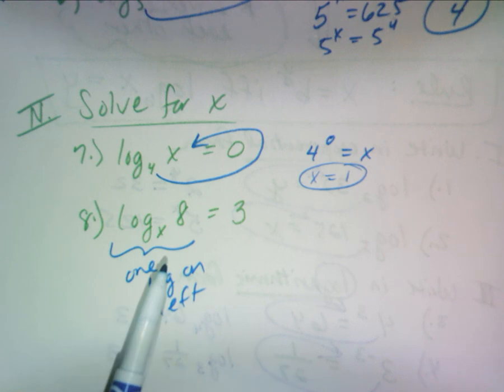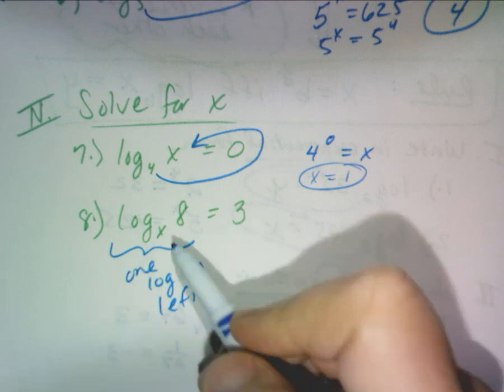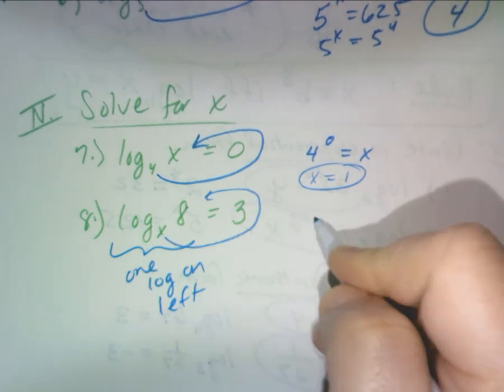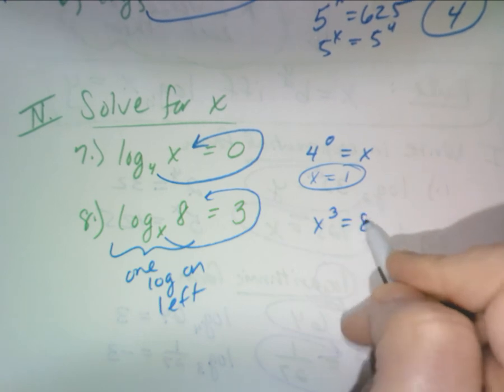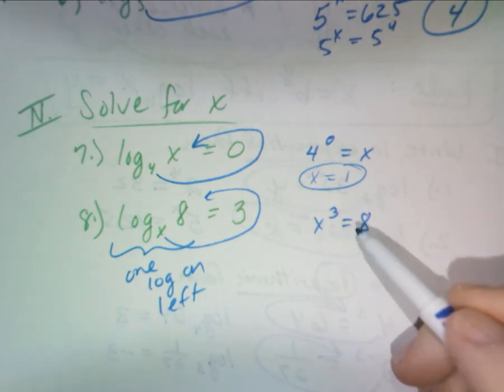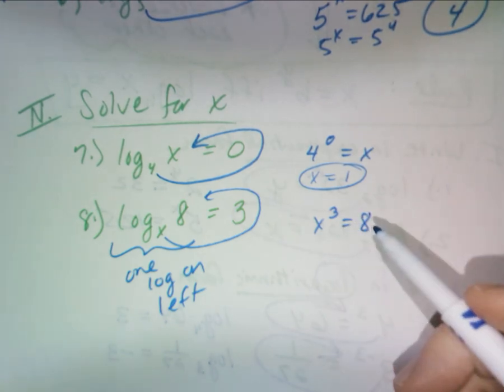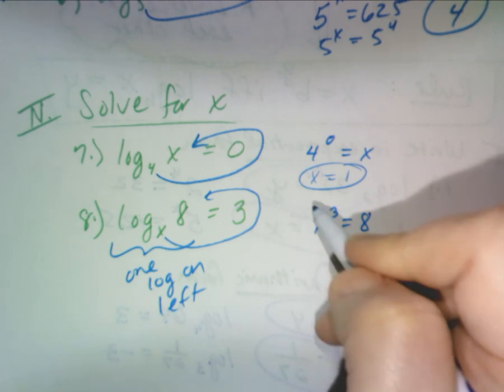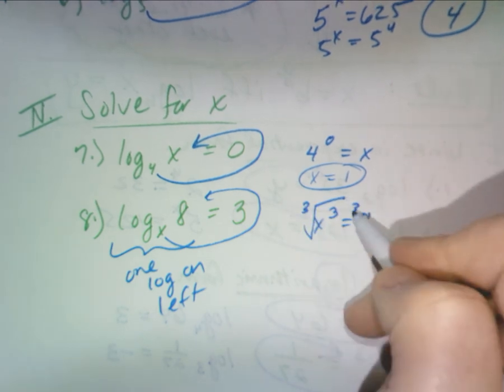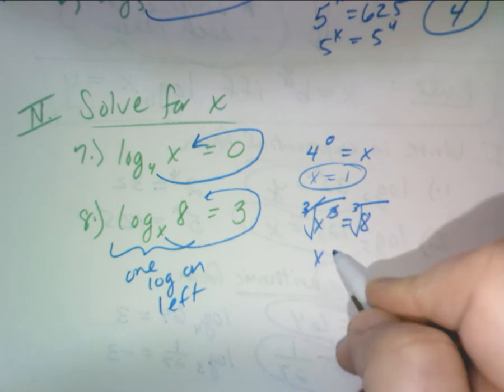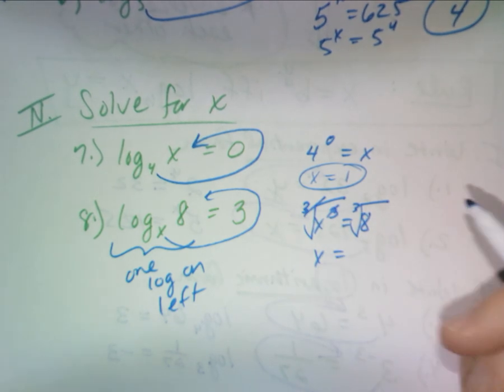But for this one, watch this one. x to the 3rd equals 8. How do I undo a 3rd power or a cube power? I cube root it. The cube root on both sides. What is the cube root of 8?